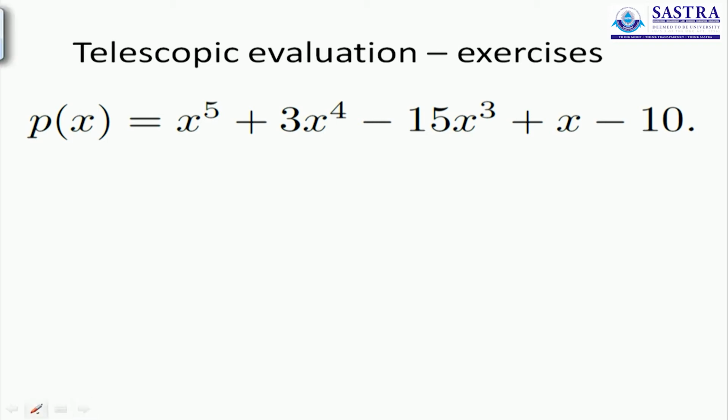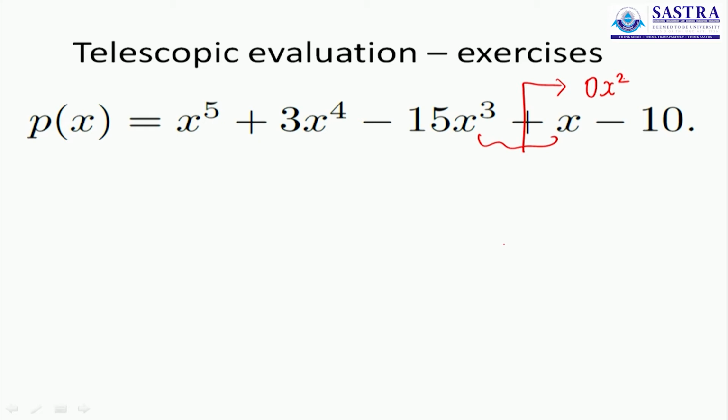In fact, if you pay careful attention, you will see that there is a missing term here. You have a 0x square which is not part of this polynomial. So, you have actually an x square term whose coefficient is 0. So, when you have 0 as the coefficient, it is as good as not having that term with you.